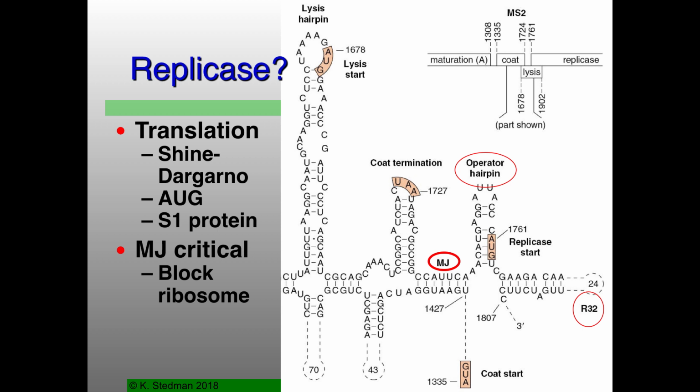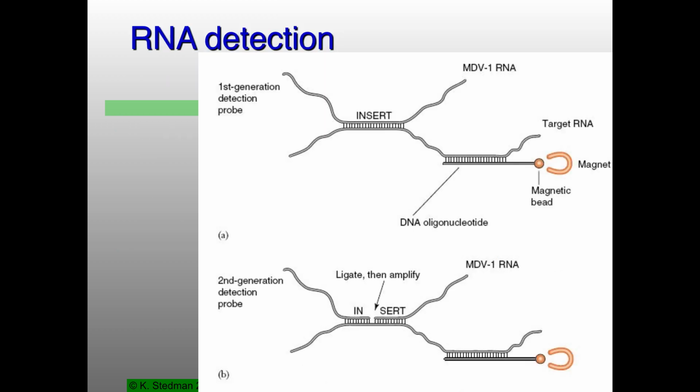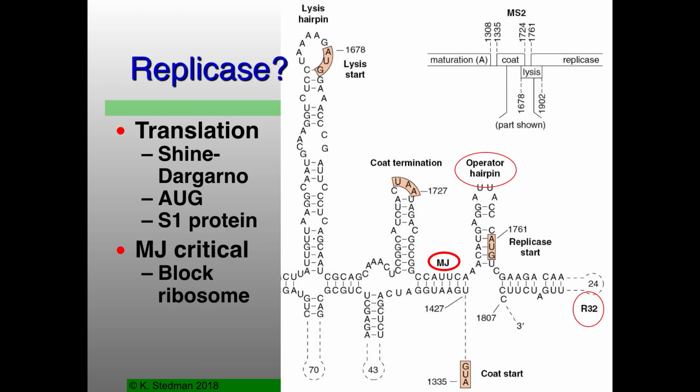And then the other fascinating part about how you get this lysis protein is it's not really dependent on a secondary structure per se, but it's dependent on the ribosome staying on the RNA and moving back in a few percent of the cases and starting to make some lysis protein. So it's just the distance that this lysis start is away from the termination point.